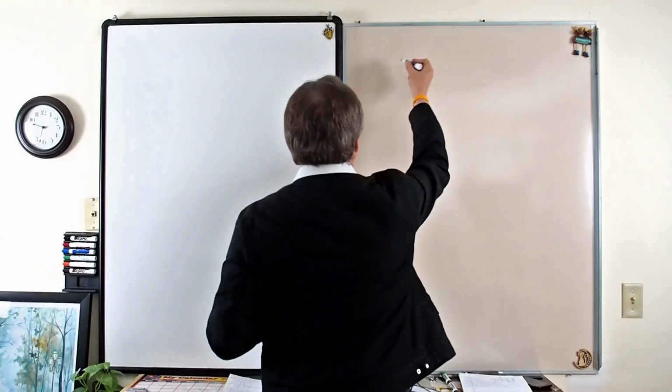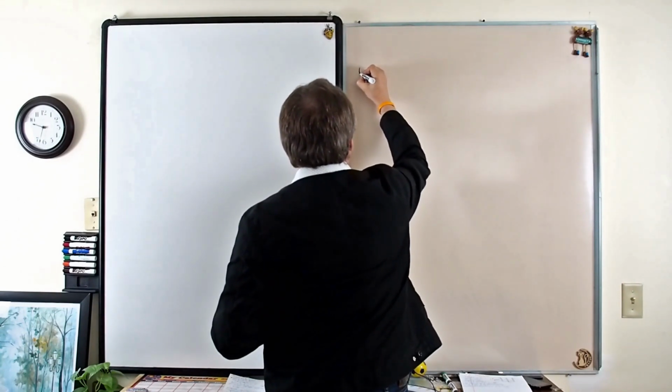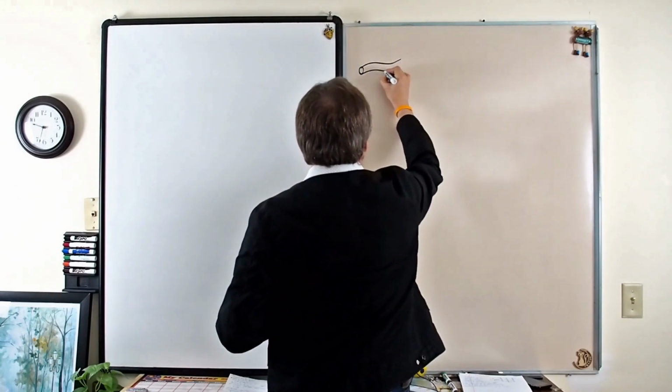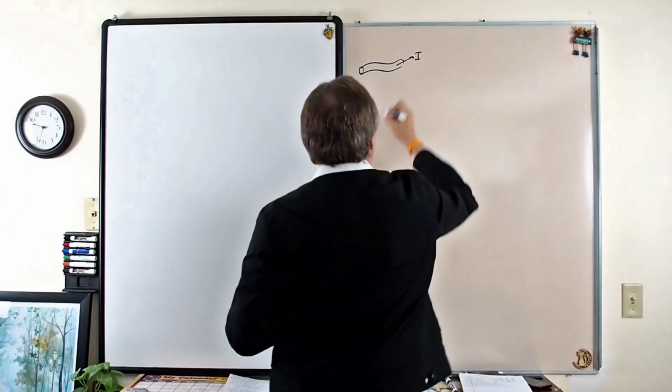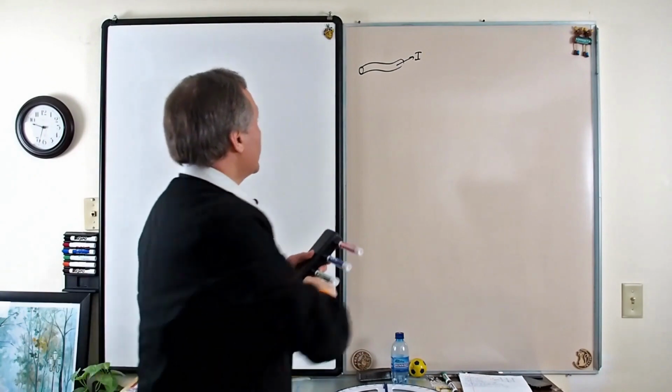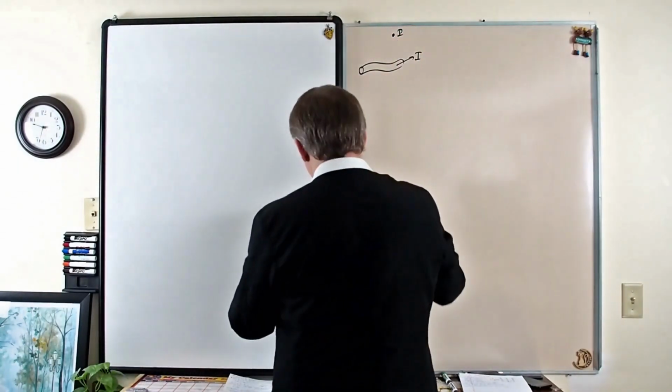So let me draw the picture in order to refresh. Let's assume we have some arbitrarily shaped wire, with current I flowing that way, and we want to find the magnetic field at this point P. So what do we have to do?